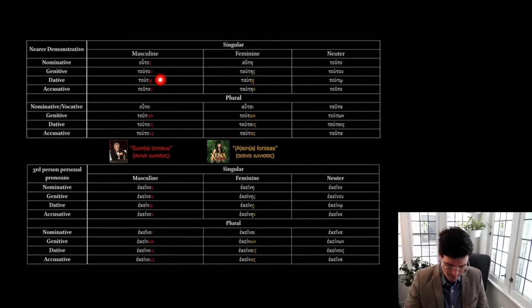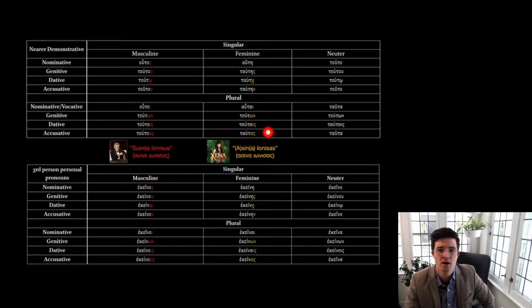But we have the same endings in our nearer demonstrative and in our farther demonstrative here. So that we have the sigma, the upsilon, the iota underneath the long omega vowel, the nu in the accusative, the iota of the nominative plural, the on of the genitive plural, the is of the dative plural, and the us of the accusative.